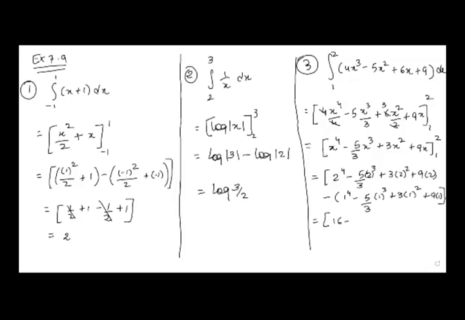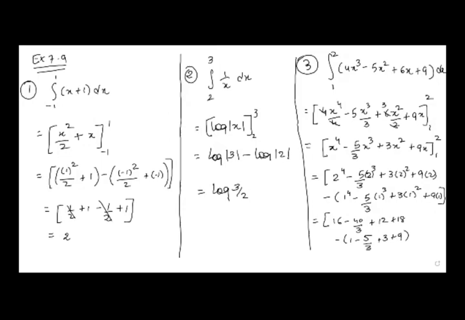So 16 minus 40 by 3, 4 3s are 12, 18, plus 3 plus 9.